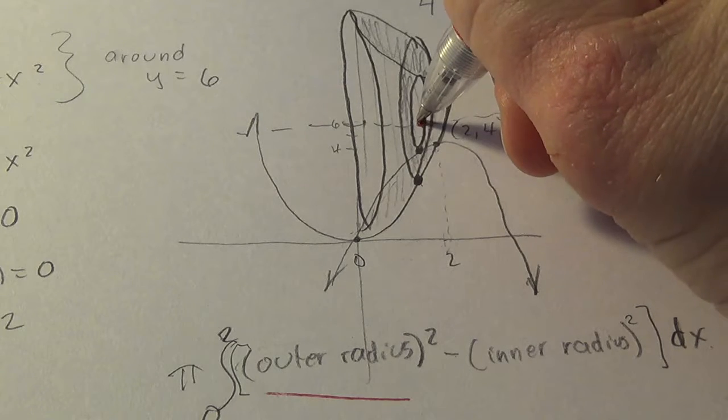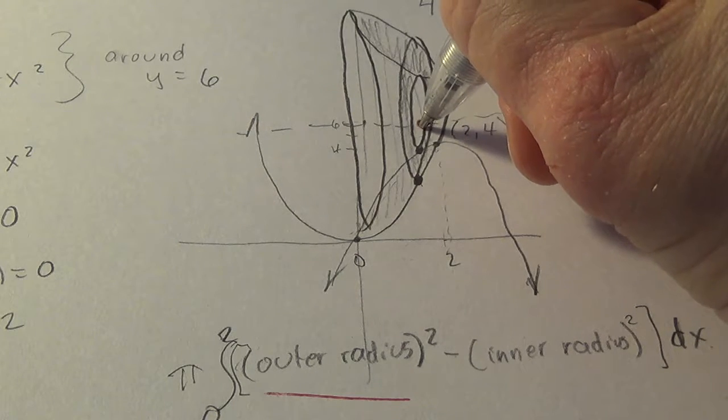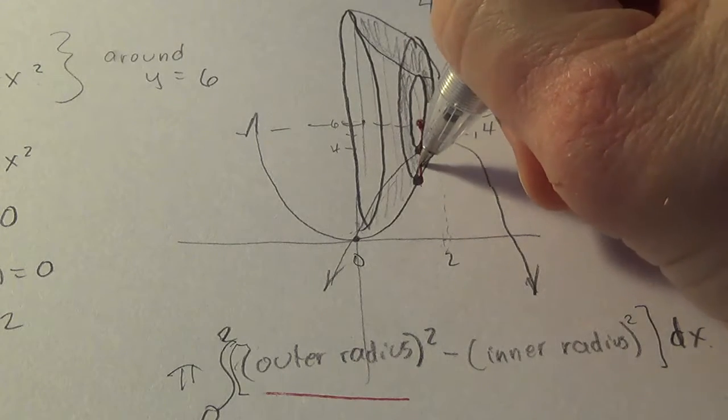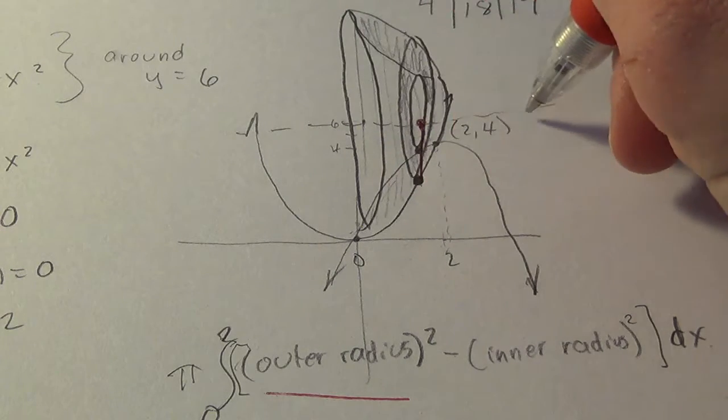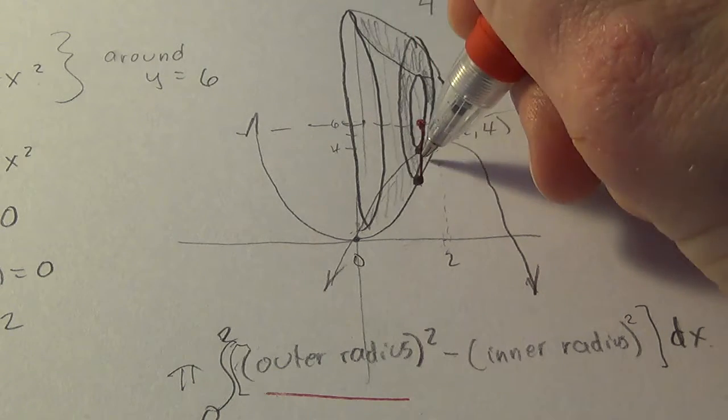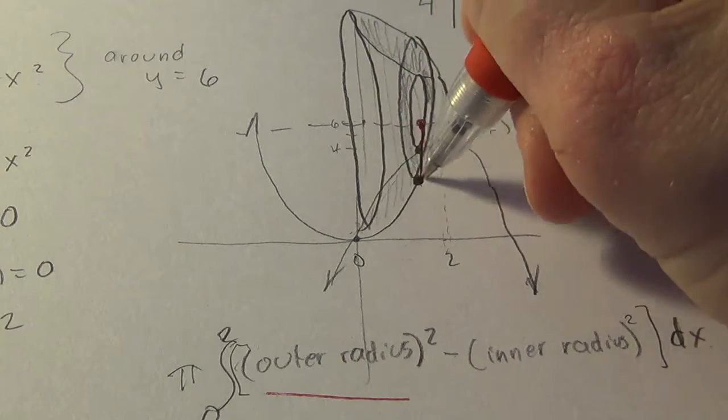The outer radius is going to go from here to here, from the line I revolved around to the outer part of the area enclosed by the two graphs.